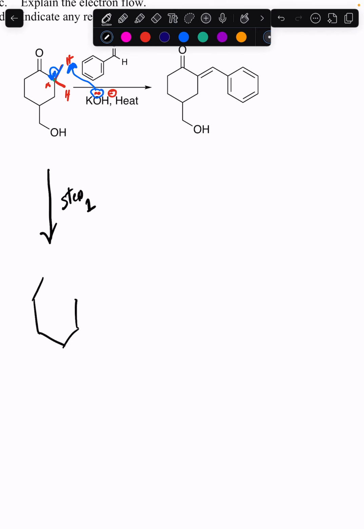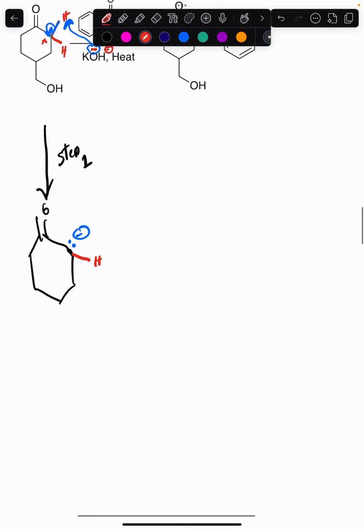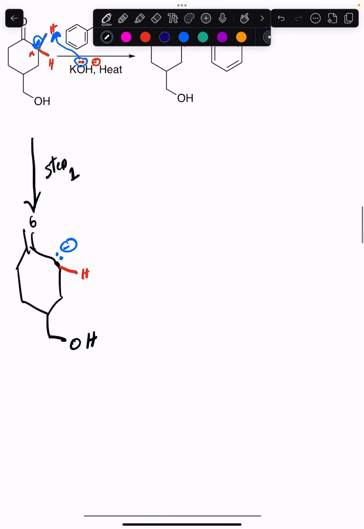our reactant over here. Then we have our carbon over here, and now this bond will transfer to be a lone pair over here, giving this carbon a negative charge. Let's draw our other hydrogen, and then we'll have our hydroxide group.